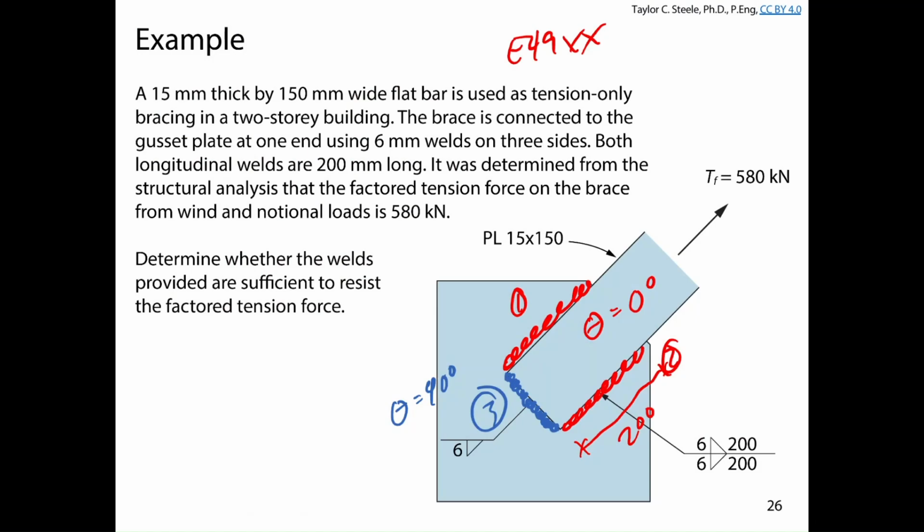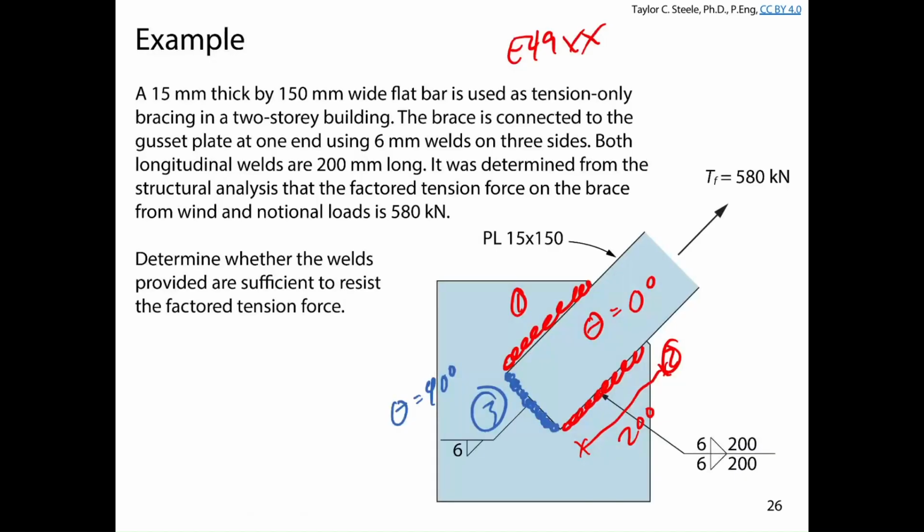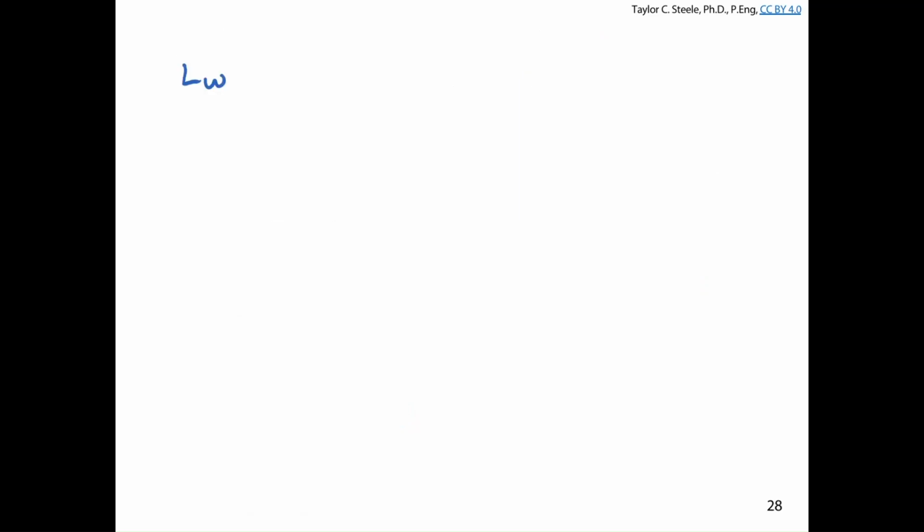However, we do have a blue weld here, or at least the one that I've colored here in blue. And so we'll calculate the strength of this particular one. Lw for the blue welds. What's Lw for the blue welds? 150, right? Because it says here the flat bar is 150 millimeters wide, and we're welding the whole edge. And so Lw is 150 millimeters.